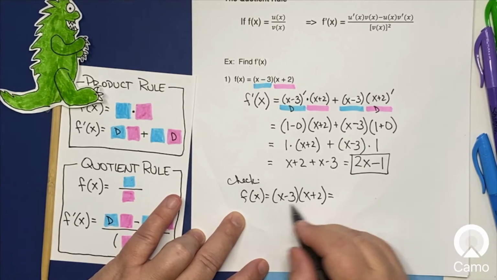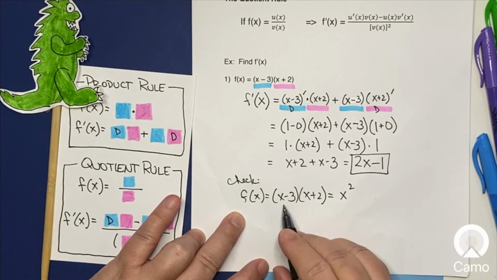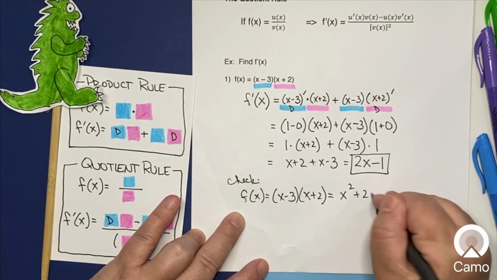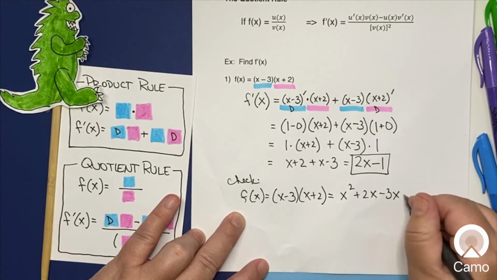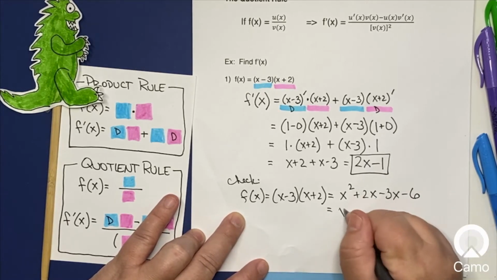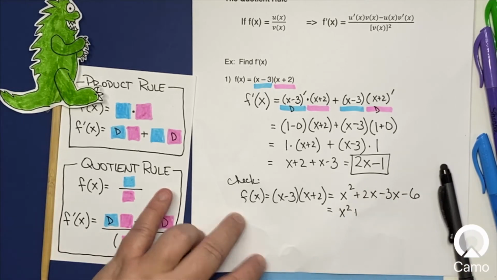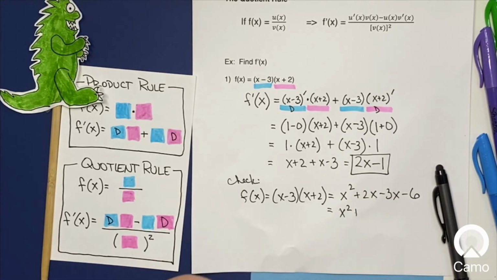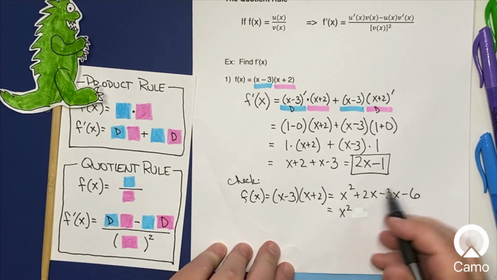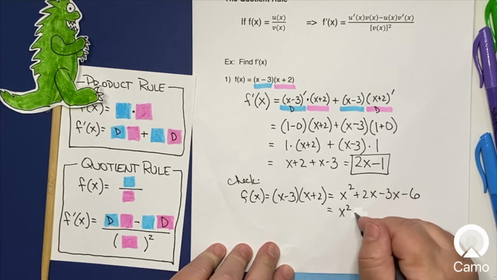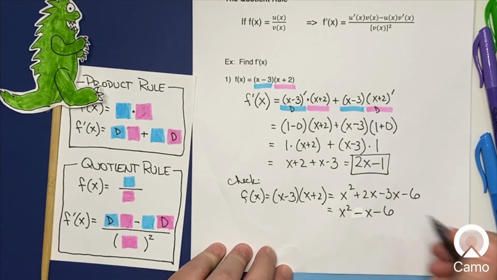So I've got x times x, x squared, outer, plus 2x, inner, minus 3x, and then last, minus 6. And again with my pluses. x plus 2x minus 3x is minus x minus 6.